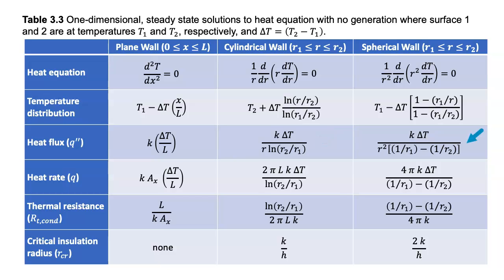This is because the area normal to the radius is increasing. Thus, by conservation of energy and for a constant heat rate, the heat flux must be decreasing. Using the resistance analogy, the thermal resistances due to conduction are also presented. The final column indicates the critical insulation radius for the cylindrical and spherical coordinates.